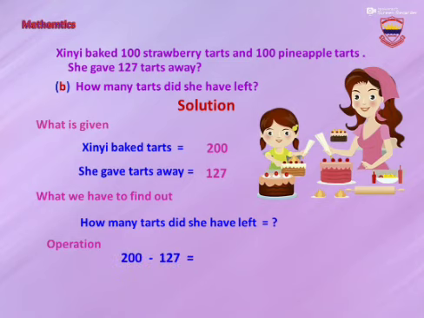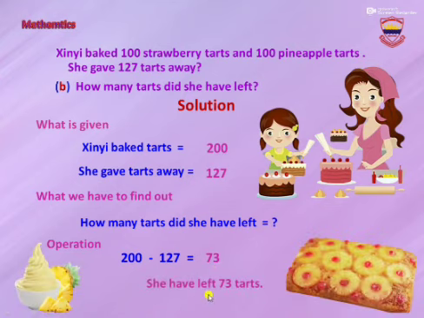We subtract 127 from 200. When we subtract 127 tarts from 200, we get the answer 73. Now we can say she has 73 tarts left.